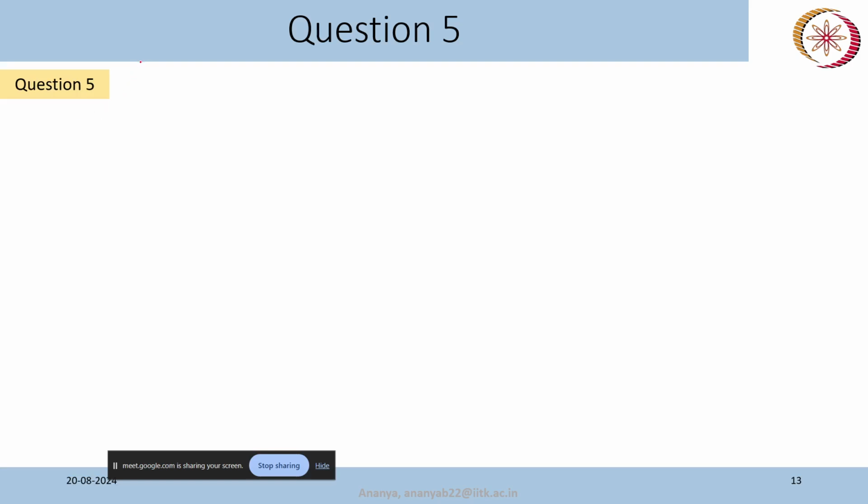Let me write the next question. Which of the following is not correct? First option is adsorption is a surface phenomenon.